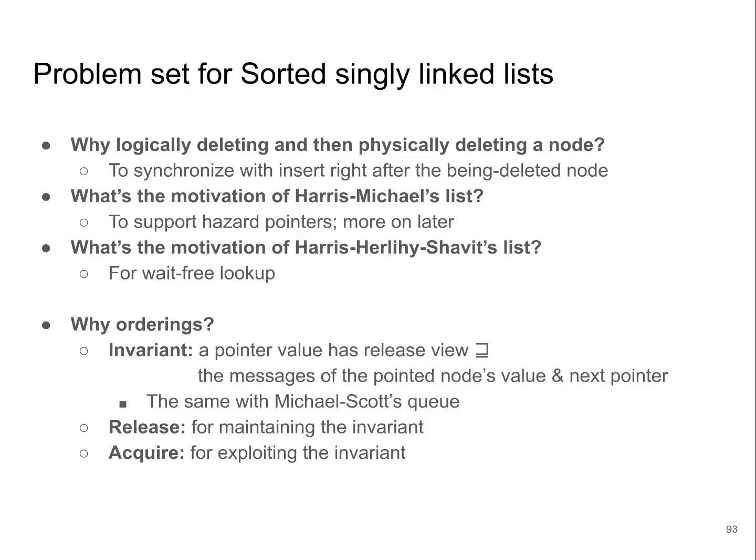So why do we do that? I already explained it in the previous lecture video, but I'd like to repeat it because it is the most important design choice of the lock-free linked list.